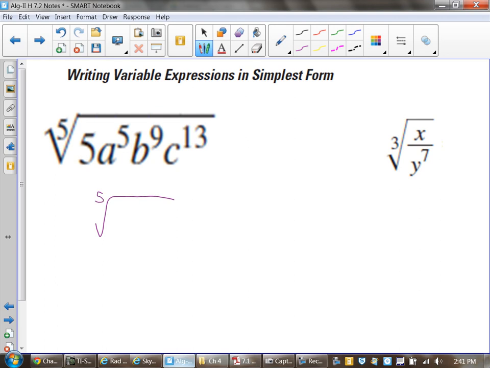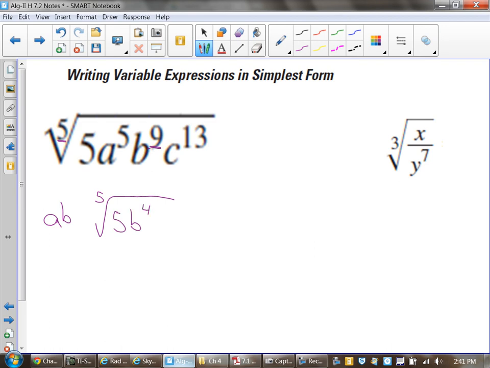And now go variable by variable. How many times does 5 go into 5? Now, I'm talking about the a to the 5th part, not the number 5 out in front of it. It goes in there once, so 1 can come out. Does any stay in? No. 5 goes into 9 how many times? 1 comes out. How many have to stay in? Don't forget my 5 in here.